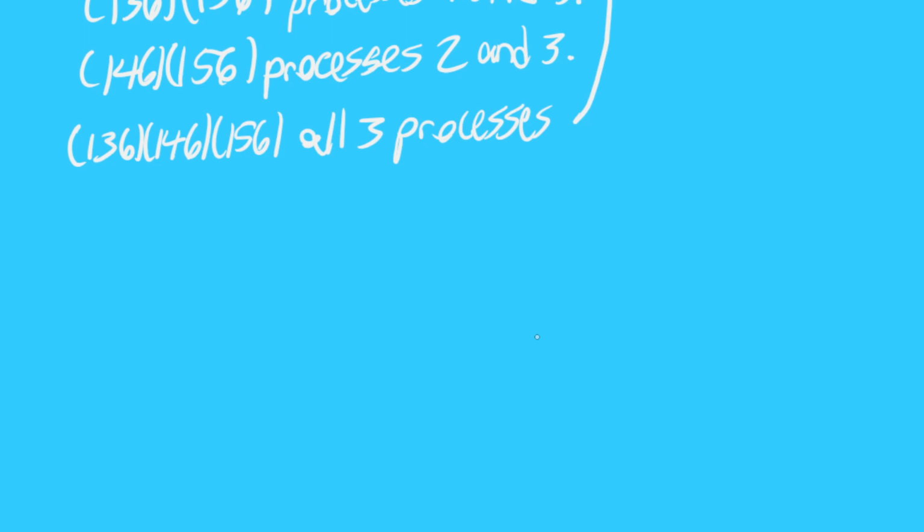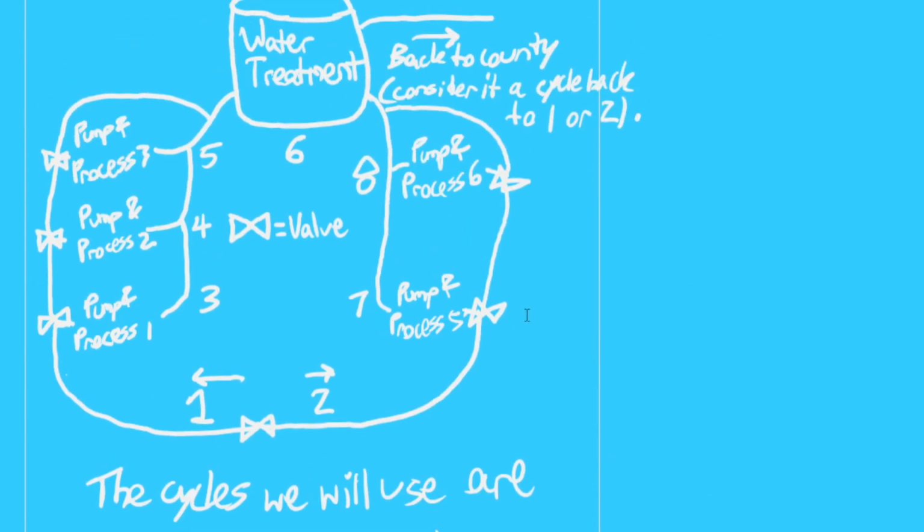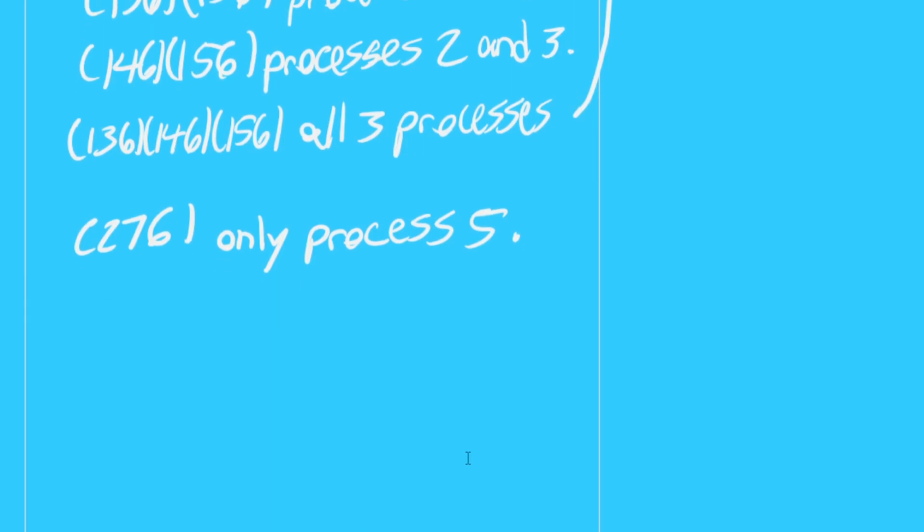So for flow direction 2, we can do 276, and this is only process 5. I'll make sure I'm keeping my labels consistent. Yep, process 5.